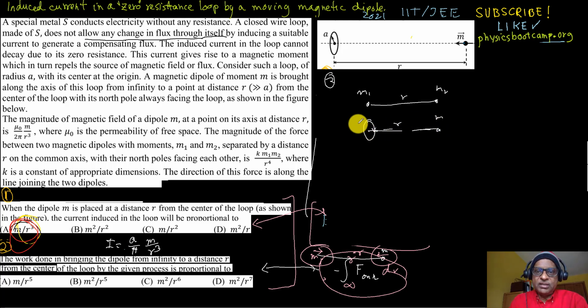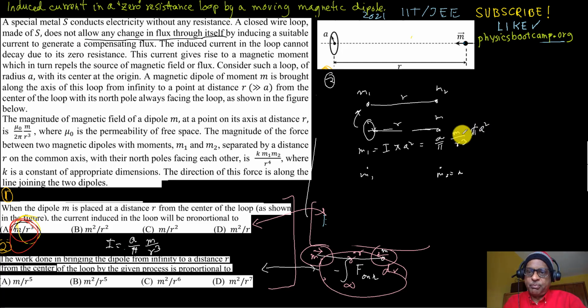So we'll convert this into that. m1 will be I times pi a square. Now m1 and m2 is just going to be m. Since I is related like that, this will be a over pi, m over r cube, times pi a square.